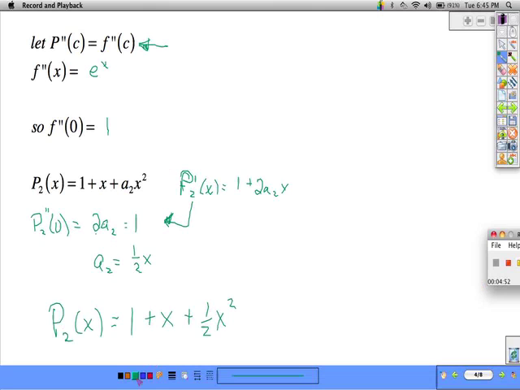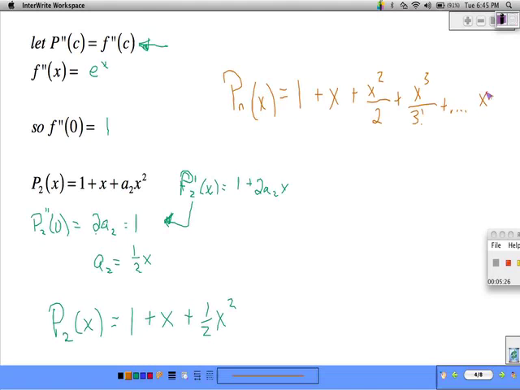And I could continue to find derivatives and set them equal like I've done it for the first degree and the quadratic. But in general, a polynomial that approximates e to the x, an nth degree polynomial, will be 1 plus x, that's our linear part, plus x squared over 2, plus x cubed over 3 factorial, plus so on and so on, plus x to the n over n factorial.